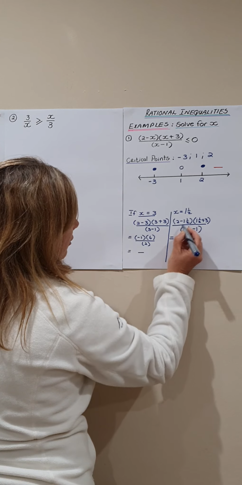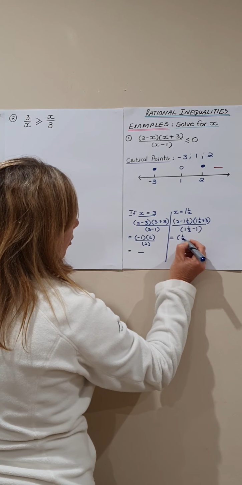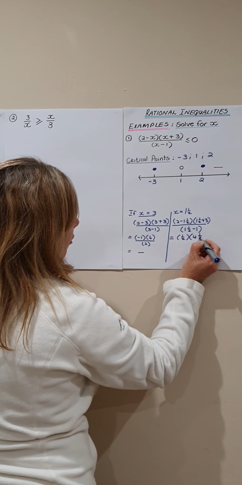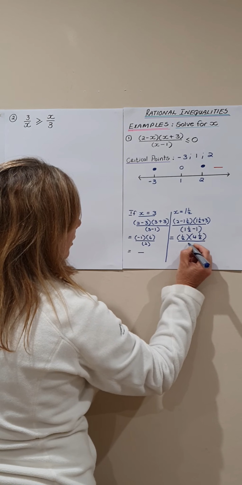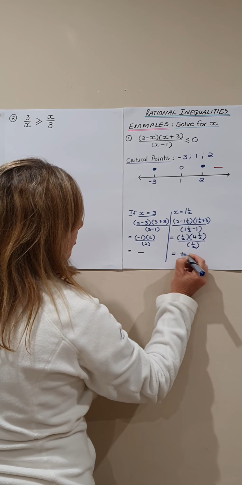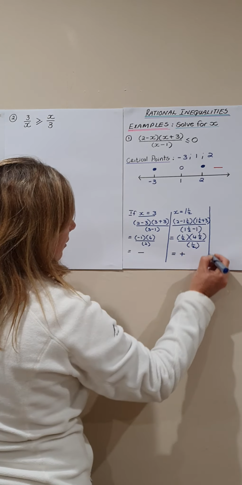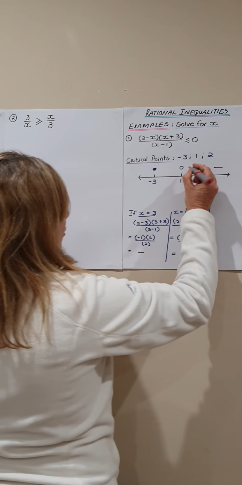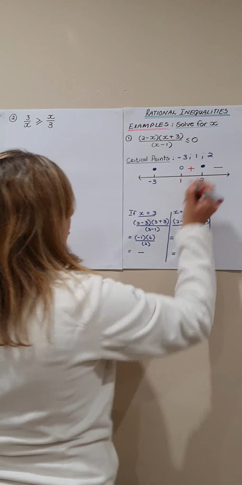This gives me a positive 1/2, a positive 4.5, and a positive 1/2. So my answer here is a positive. That is very important. So I put a positive here.